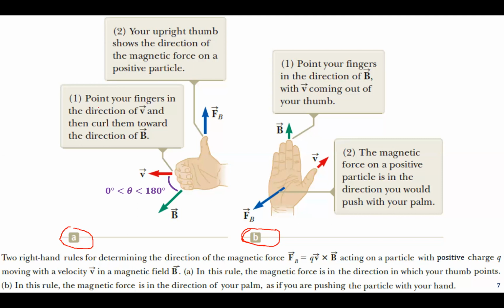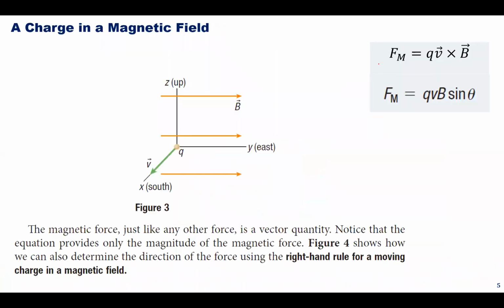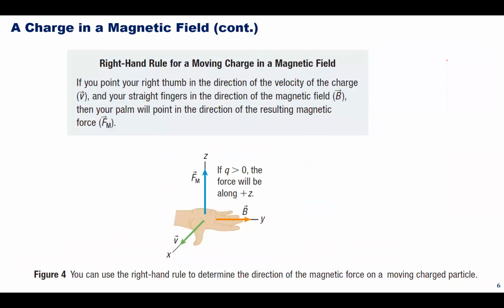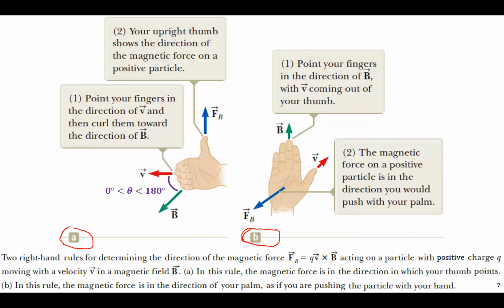Because according to definition, the magnetic force, well, actually, this is a vector. The vector magnetic force Fm equals qv cross B, right? So according to the definition of v cross B, we can use the right-hand rule to determine the resultant force F. We have already studied this in the vector class in mathematics, right?